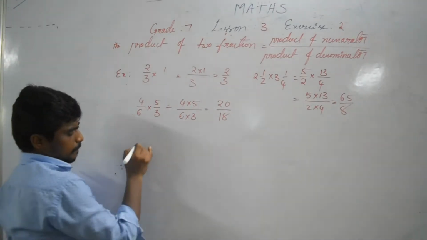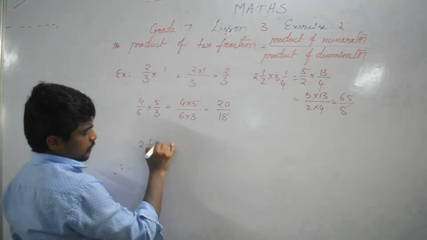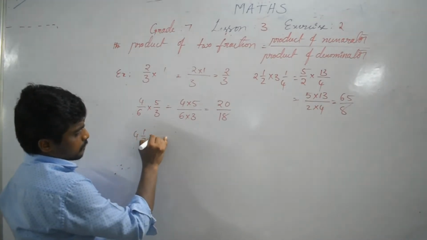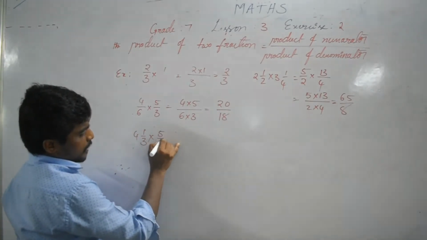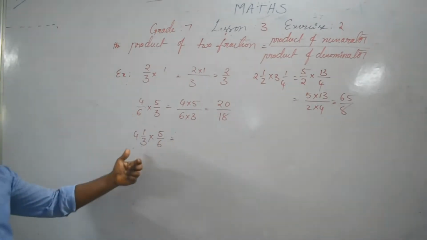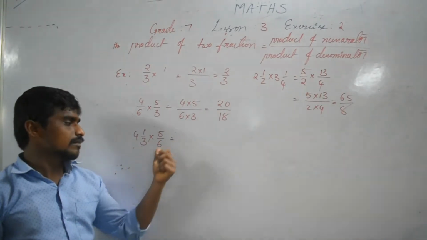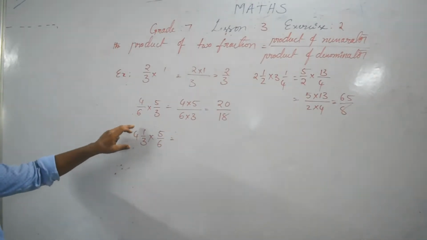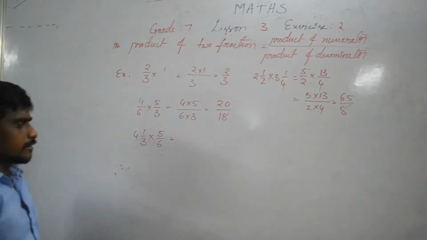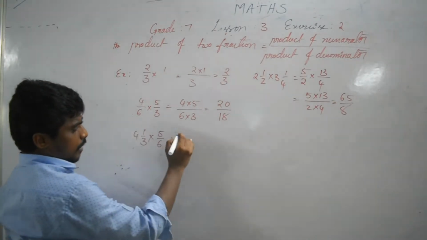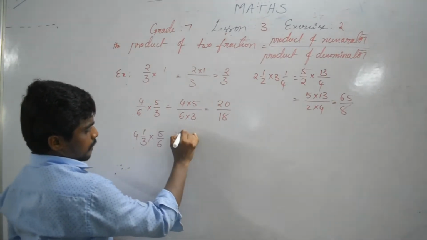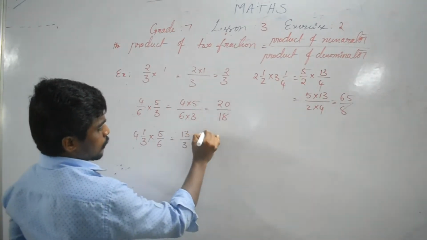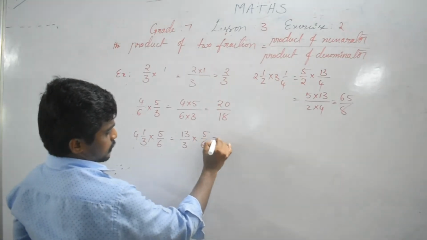Next one. 2 1 by 2 times 4 1 by 3 times 5 by 6. Here one mixed fraction and one improper fraction are given, so convert the mixed fraction to an improper fraction. 3 4s are 12 plus 1, 13 by 3 times 5 by 6.